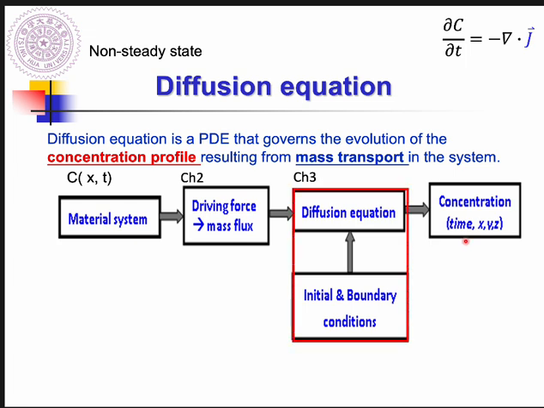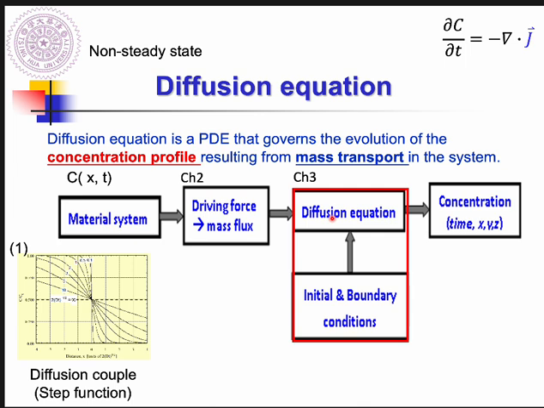Chapter 3 will focus on how the initial and boundary conditions help you get the corresponding solutions for this diffusion equation. We will show you step by step. You need to figure out the initial and boundary conditions, which will help you get the solutions for your system of interest.